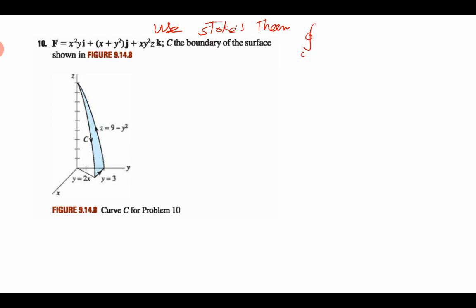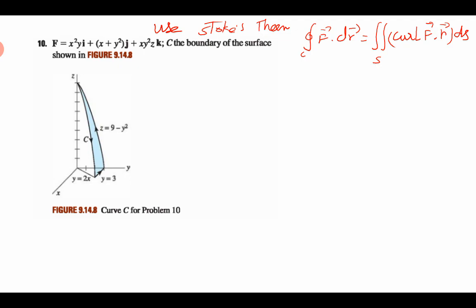The integral over C of F dot dr is equal to the double integral over S of curl F vector dot n vector dS. As usual, dS can be found on the xy plane.